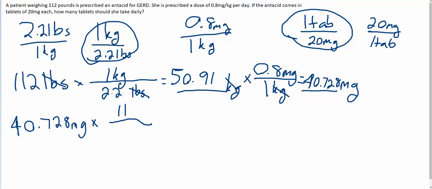So we're going to use this first conversion factor, and we'll say that 1 tablet contains 20 milligrams of medication.